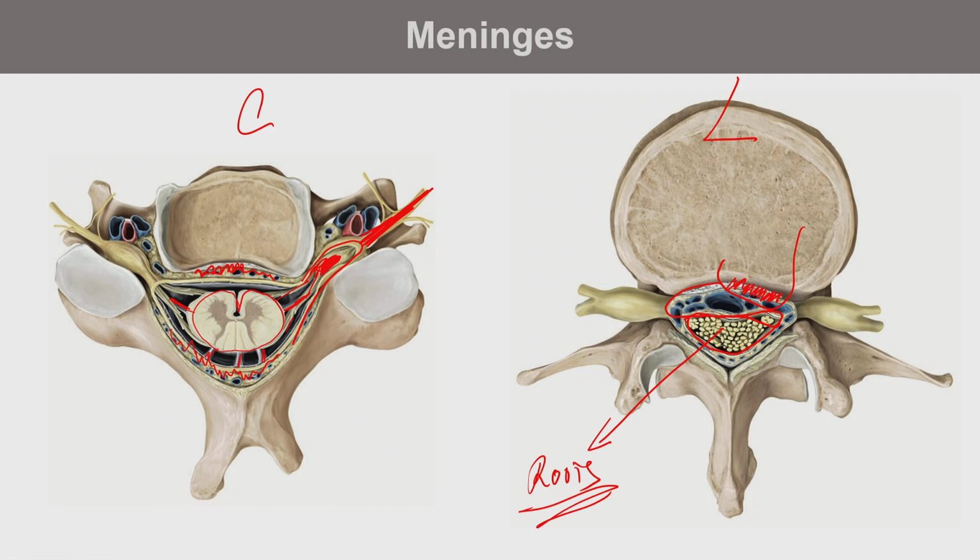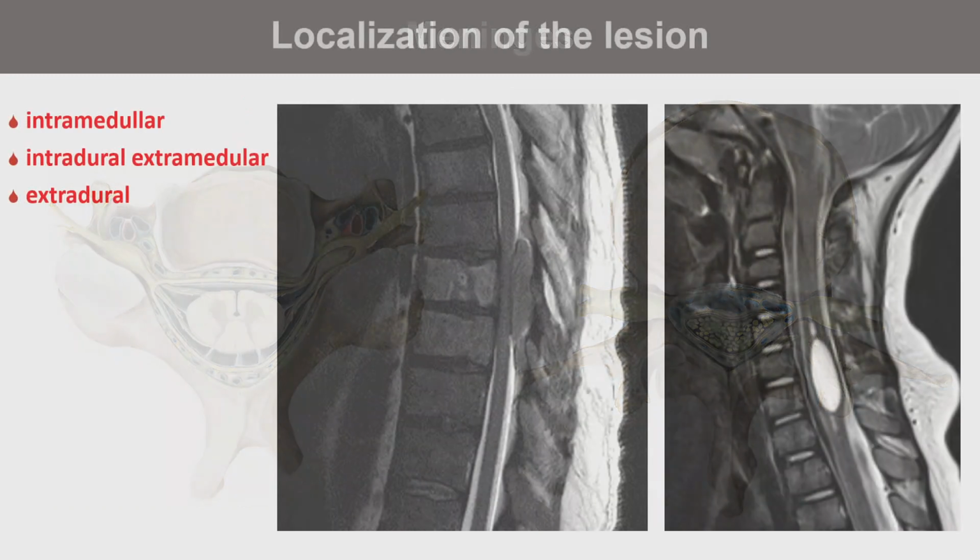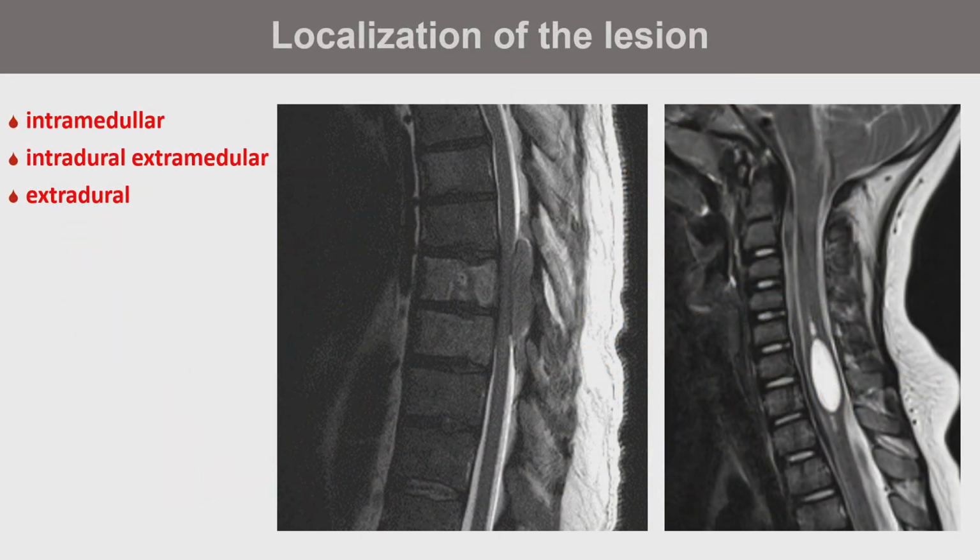So also a large herniation of a disc or degenerative disease with stenosis due to osteophytes and hypertrophy of ligaments could lead to neurological symptoms only when it is very, very advanced. So remember that the meningeal sac contains in the lumbar spine only roots, not spinal cord.